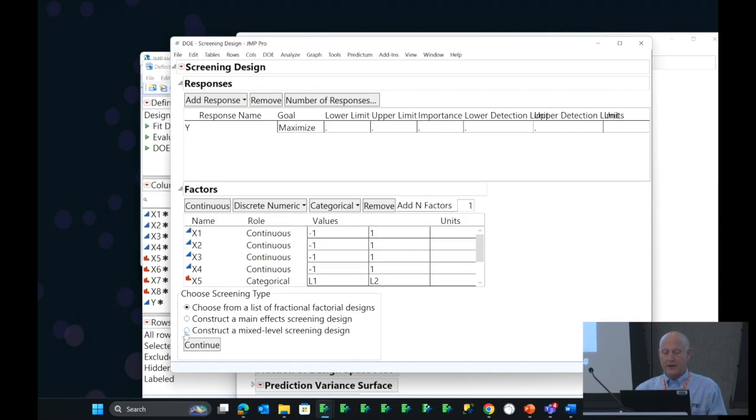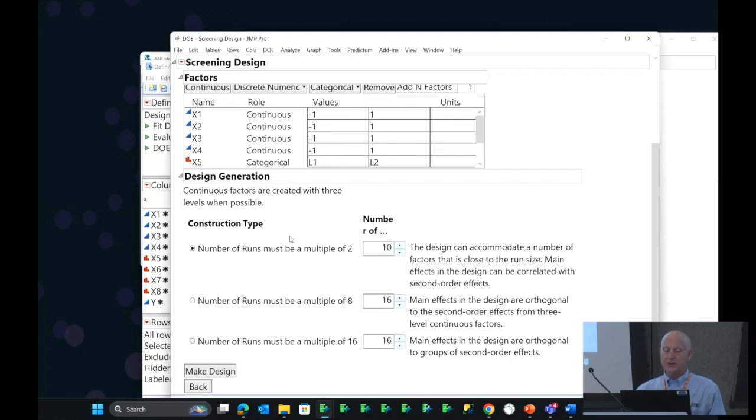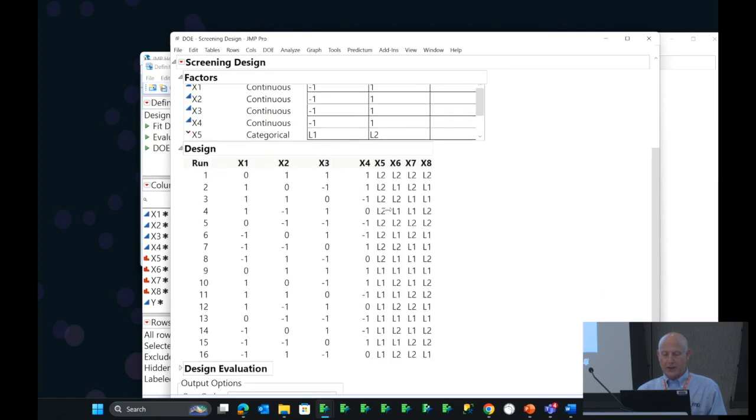But the new one in JMP 18 is this construct a mixed level screening design. And there are 3 choices here for the construction type. The one we're interested in this case is the middle choice, where you can see the number of runs has to be a multiple of 8. And so we've got this 16-run design. And when I make this design, you can see the diagonal rows of zeros, there are 4 sets of them, which means there's twice as many zeros in 16 rows of design.